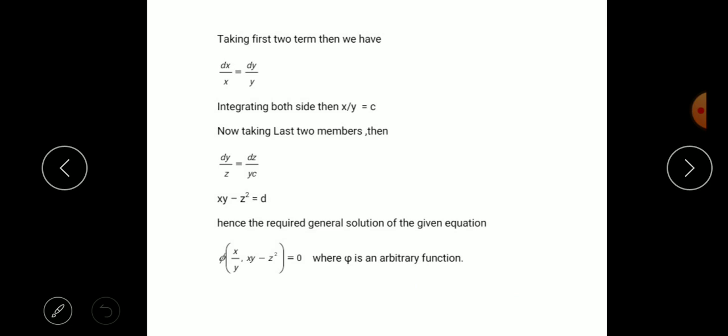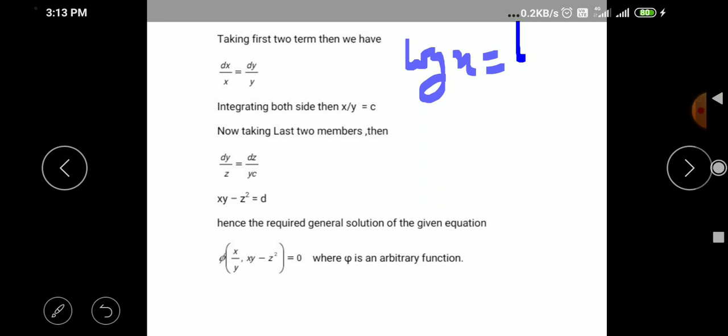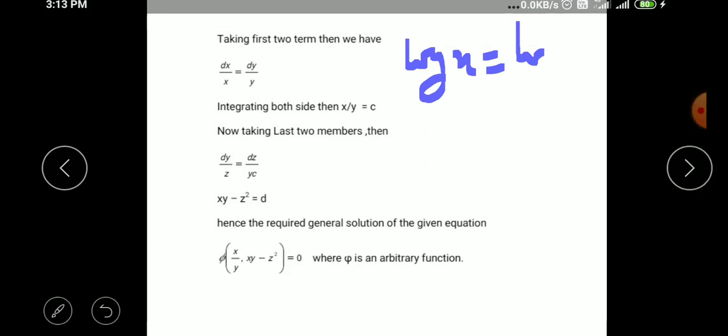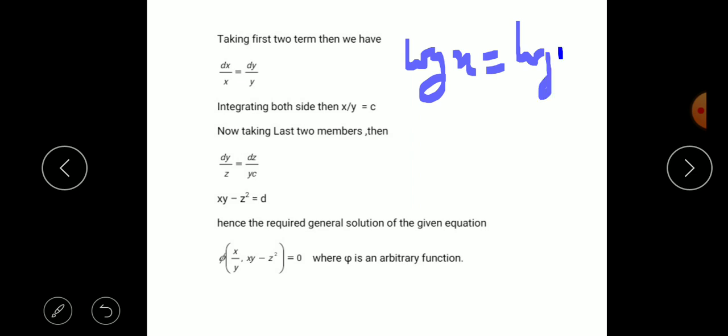Now if you integrate both sides, then we get log x is equal to log y plus log c.